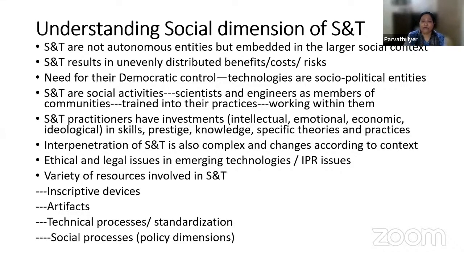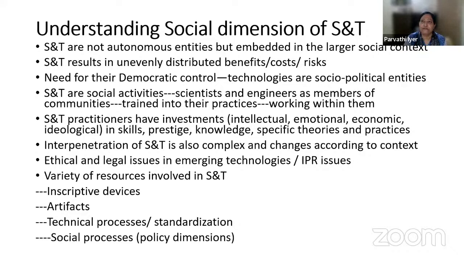Now, we say that S&T is social because it uses a lot of devices and artifacts; it's a combination of devices, artifacts, technical processes, and social processes. Think of any S&T activity. There are certain inscriptive devices, and certain processes for conducting it.